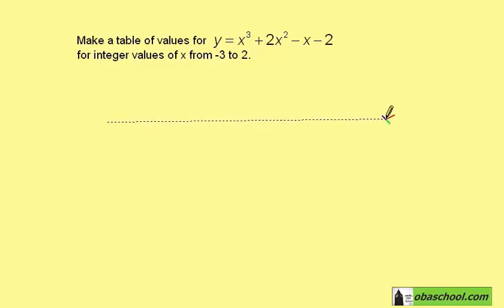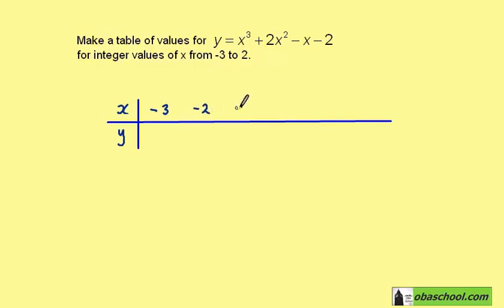For our table of values, I'm going to convert x values directly into y values and not split the equation into parts. Our x values go from minus 3 up to 2 using only whole numbers.